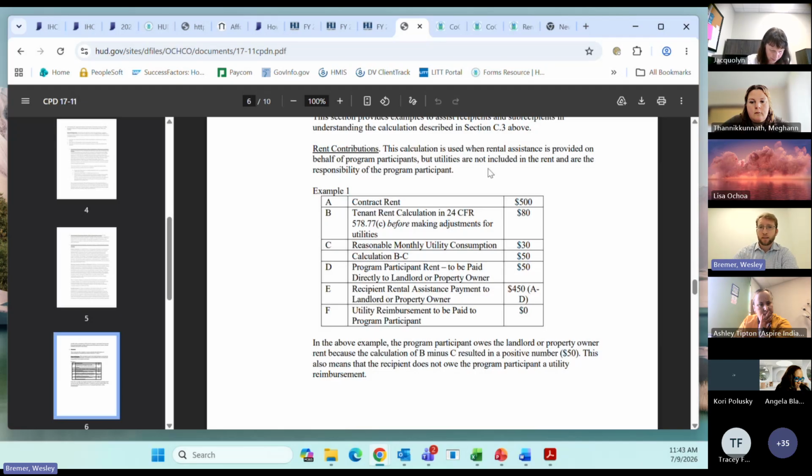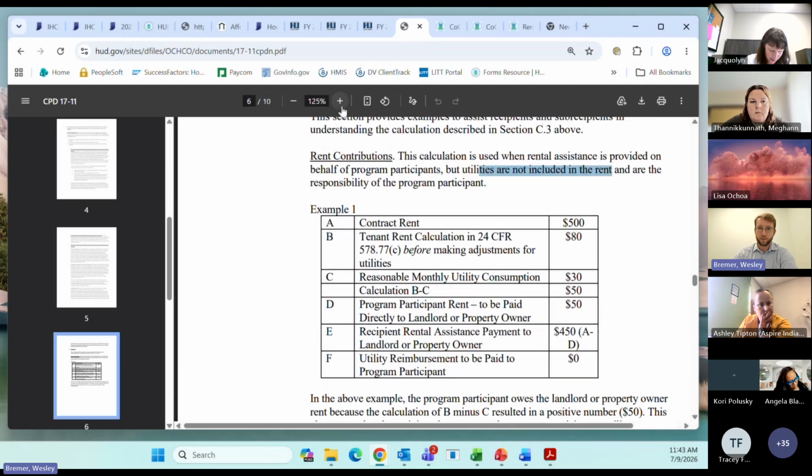And the 2 calculations are a rental assistance example, and some of the utilities are not included in the rent, and they are the responsibility of the client. I think I should zoom in so you can see a little better. Okay, so example 1, the monthly rent is $500, and it's found that the household should contribute $80 toward rent, but their utility allowance for those standalone utilities is $30.